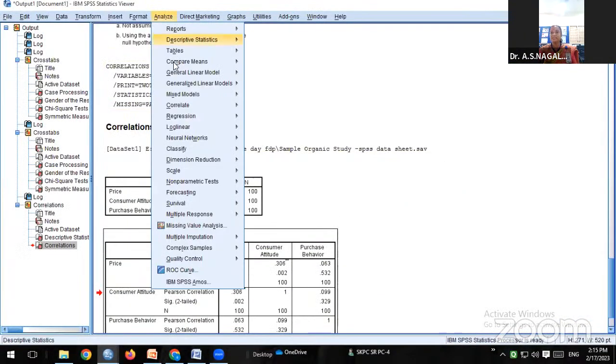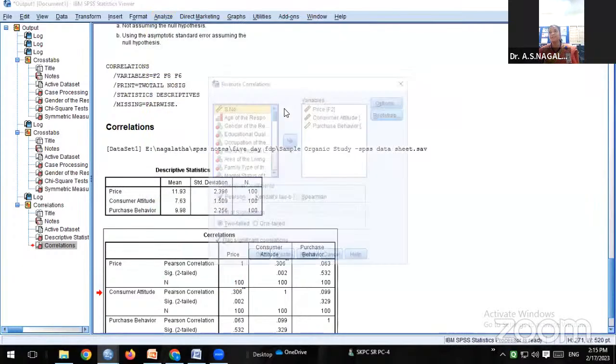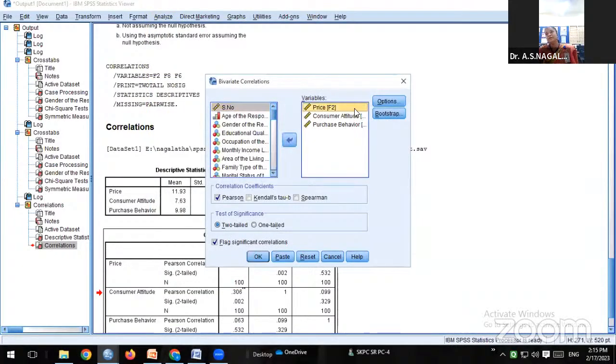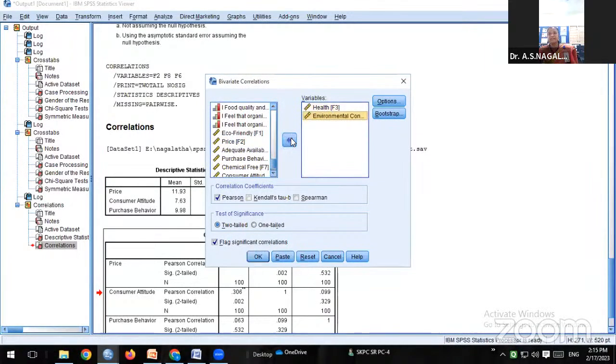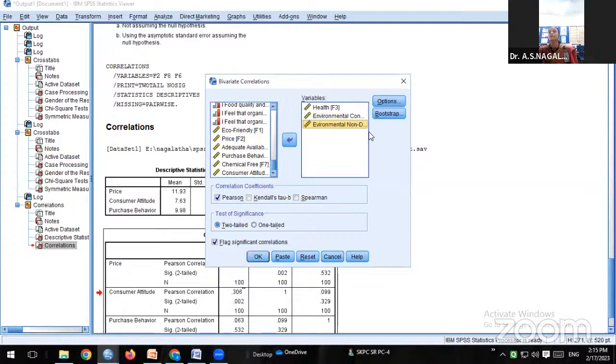You can apply this test for other variables also, so I'll repeat it here. Go to analysis, go to correlation, bivariate. I don't want to choose this again. I'm throwing this into the box. I want to see health and environmental concern, and I have environmental non-degradation.